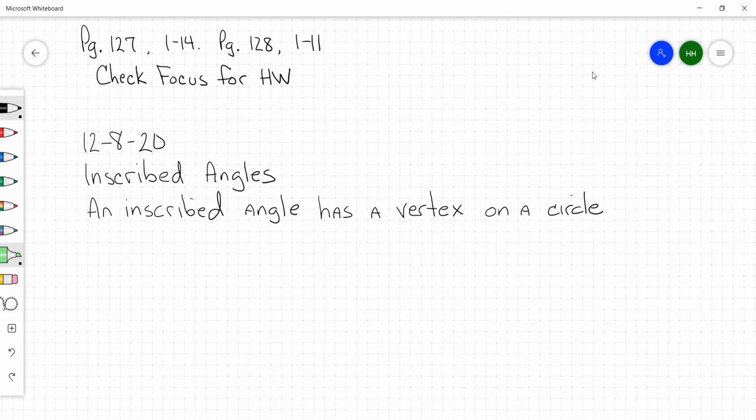An inscribed angle has a vertex on a circle and sides that are chords.